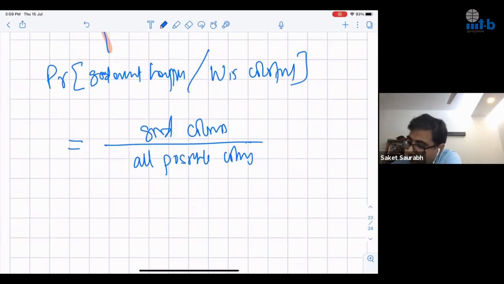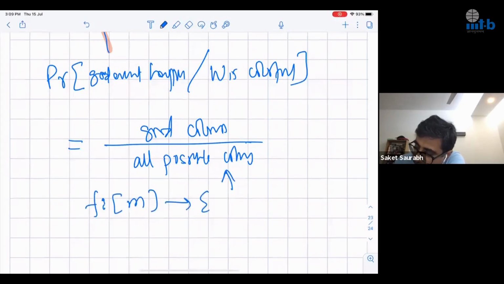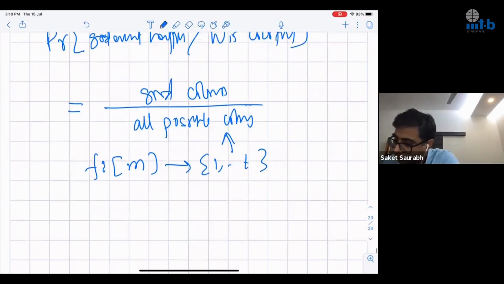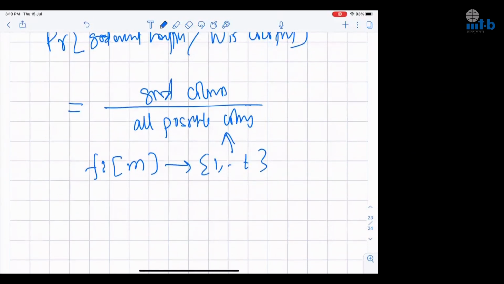How many possible colorings are there? I'm asking how many functions there are from 1 to M to 1 to T. All possible colorings means any edge can get any color, so any edge can get T colors. So this is T to the power M.